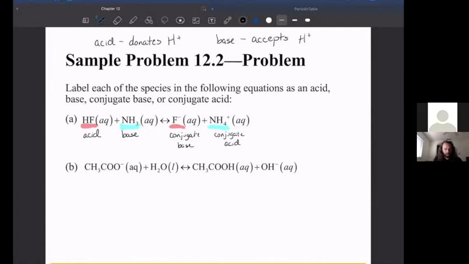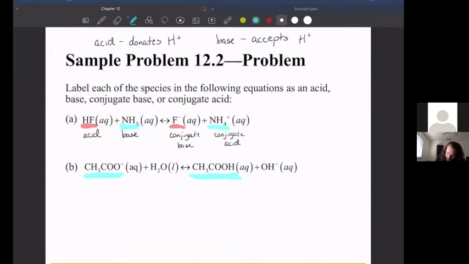Let's look at the other one. We have this. Let's just say that this is what's called an acetate ion, but let's say that we don't know that, right? So it doesn't really matter. What's important is to find it on both sides of your chemical reaction. So here it is over here, here it is over here. And what are you going to ask yourself? Did it donate a proton or did it accept a proton?